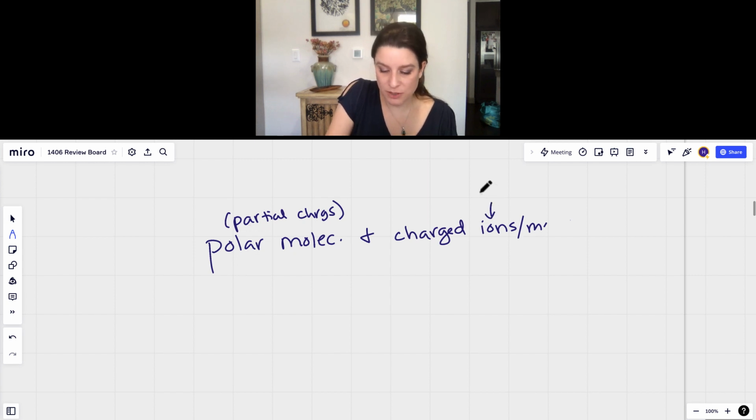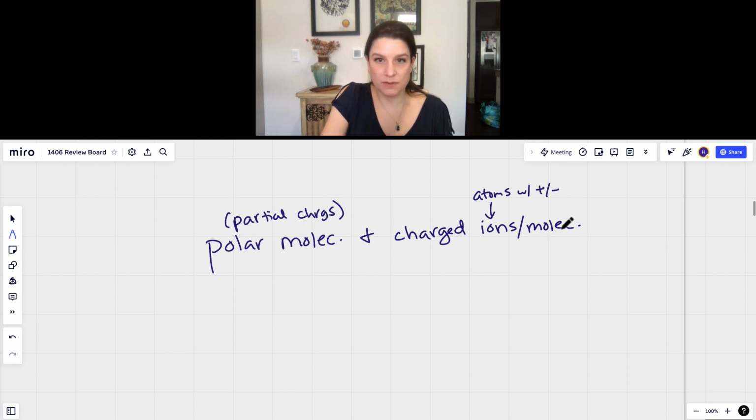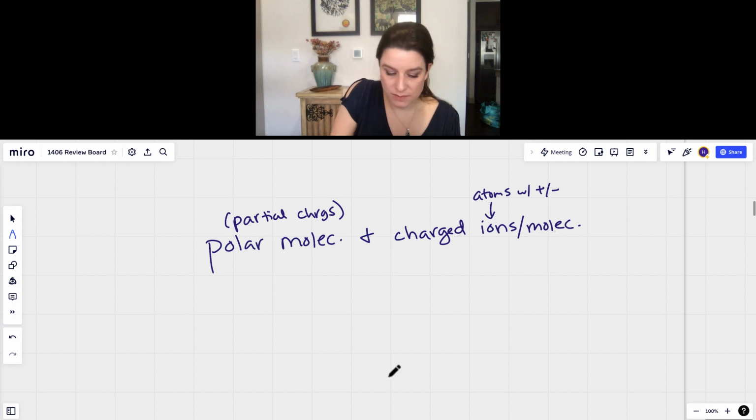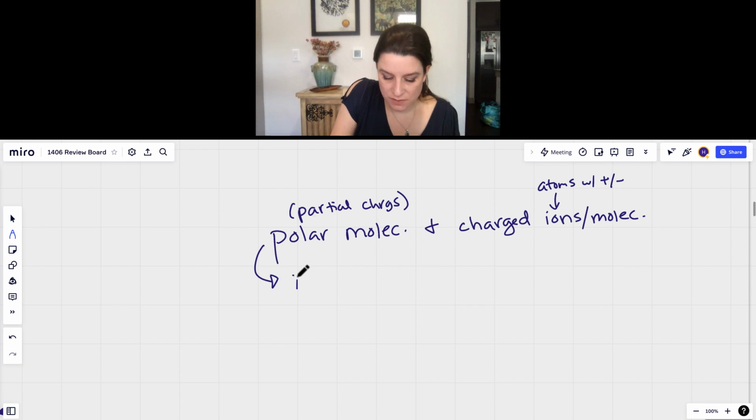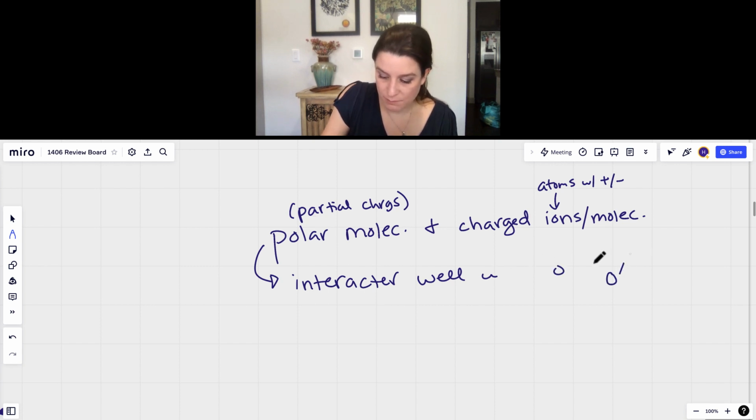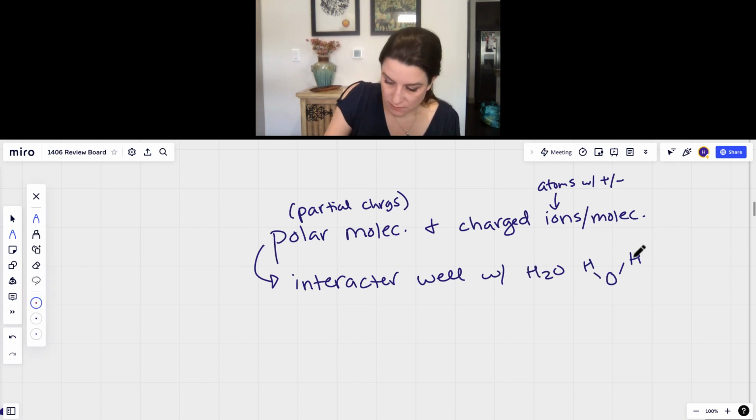Ions are atoms with a charge, or molecules that have charges. All those can interact well with water. So that's a consequence of their polarity or charge. Because water is polar, and that's because of the polar bonds. So these unequal sharing of electrons, the partial negatives and the partial positives.